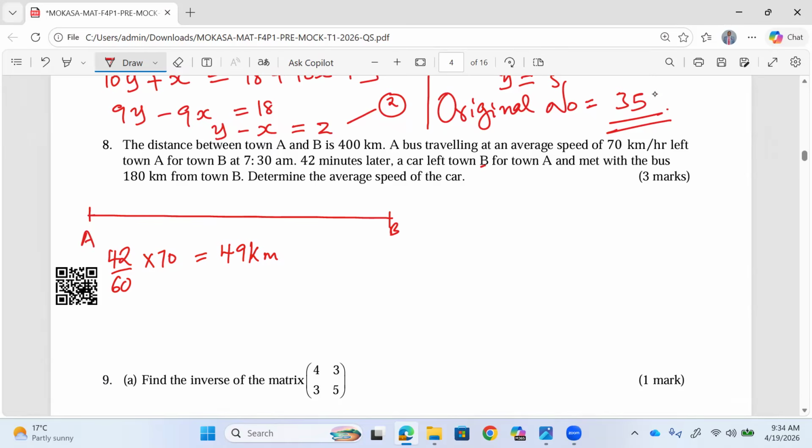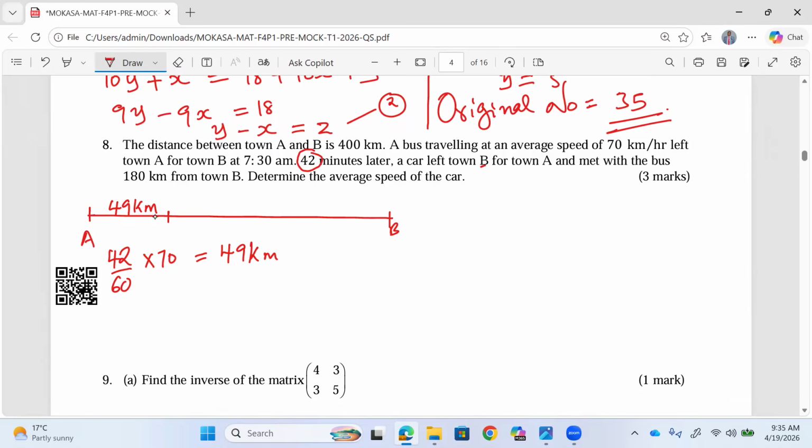Just look at that, 49 kilometers covered. So by the time the car is starting to move, the bus is at some point here, 49 kilometers from A. Meaning that this is where the bus is, and we've added 42 minutes there.